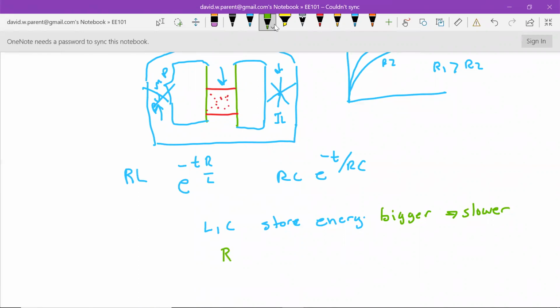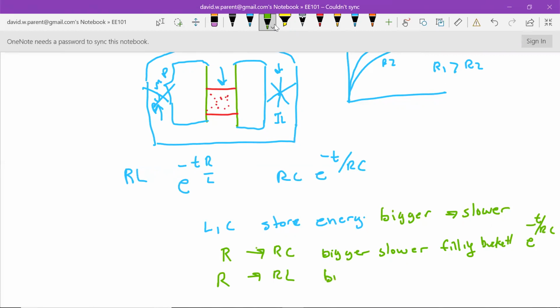RC, bigger, slower, filling the bucket. So you get that.